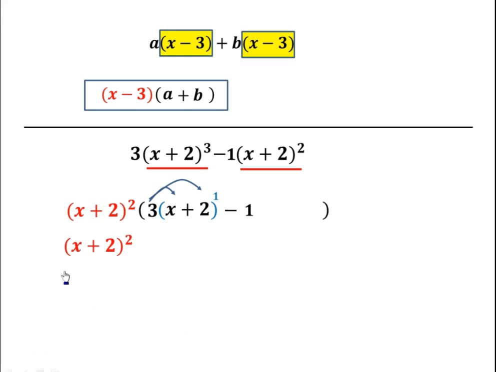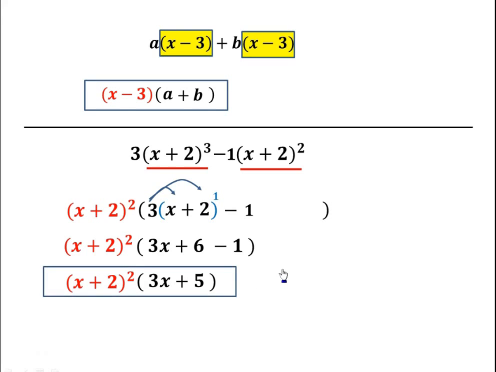So when I rewrite this, I'm going to bring my x plus 2 squared down, and then that's going to give me 3x, and the 3 times a positive 2 is 6. Bring down my minus 1, and then go ahead and combine our like terms. So we're going to get x plus 2 squared, and then this will give us 3x plus 5. There's nothing else that we can do to clean this up. So that's my answer.